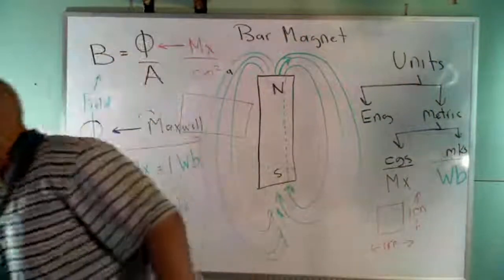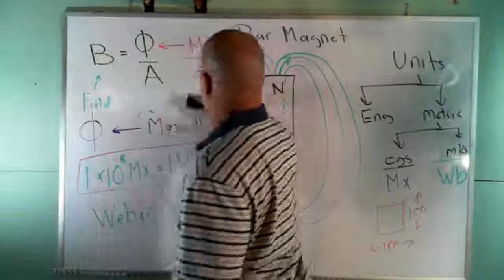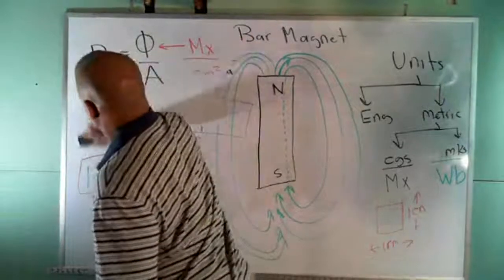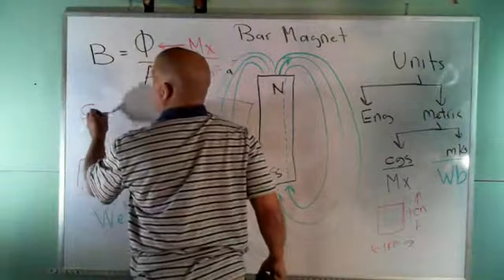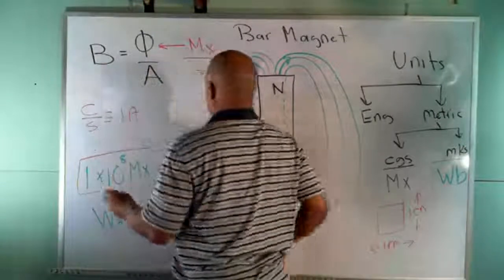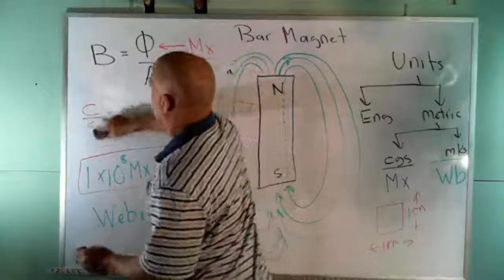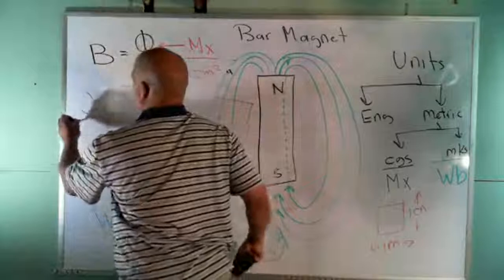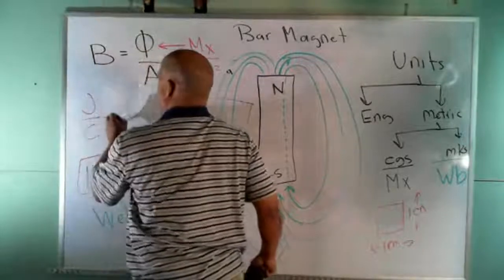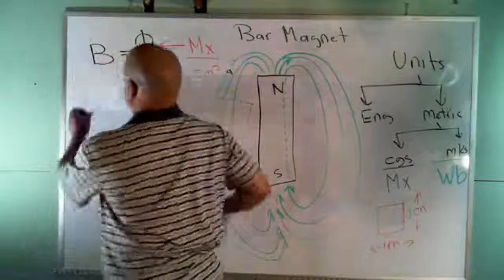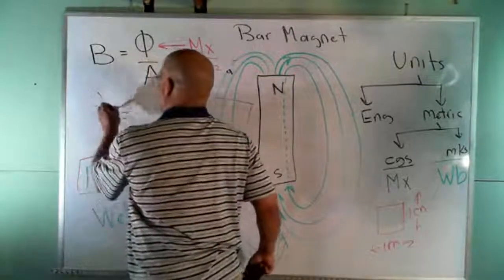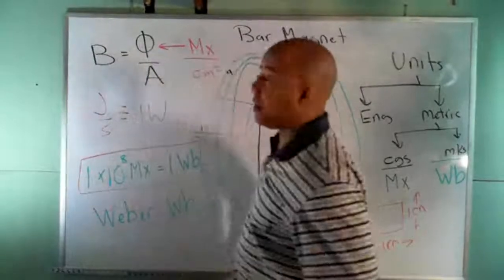Remember when we did current? Remember when we said current is a coulomb per second, but we call that 1 amp? Or we said a volt was a joule per coulomb, we call that 1 volt. Or we said I can have a joule per second, but we call that 1 watt. Remember that?